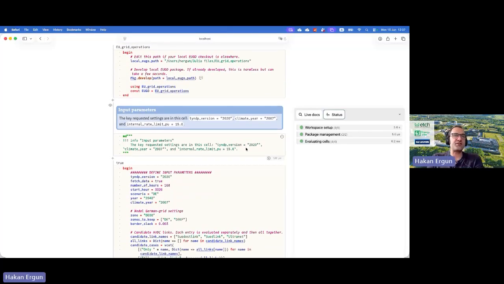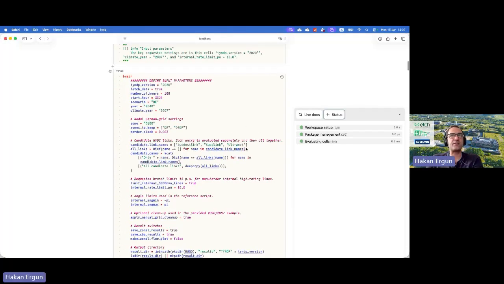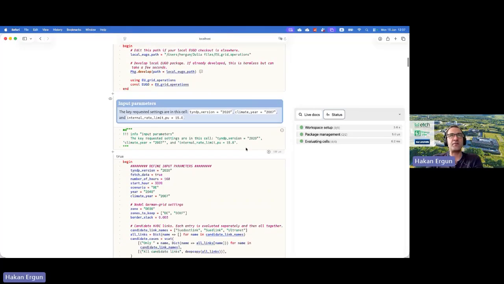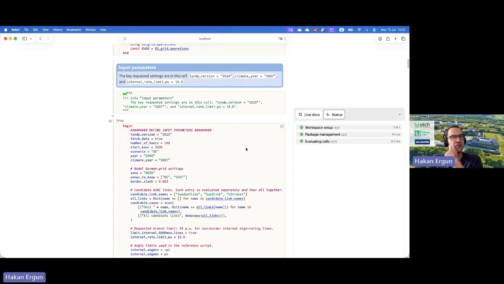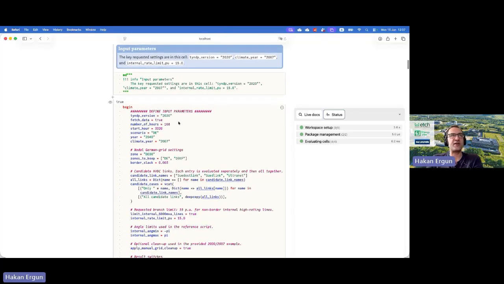So the first blocks that you're going to see are here really just to define the input parameters and do some quick manipulation of the input data. I'm not going to go line by line through the code, but just to give you a little bit of a glimpse of how you can set this up for yourself. What we are doing here is really to define how many hours we are going to run the simulation for, and from which hour in the year we are going to start.